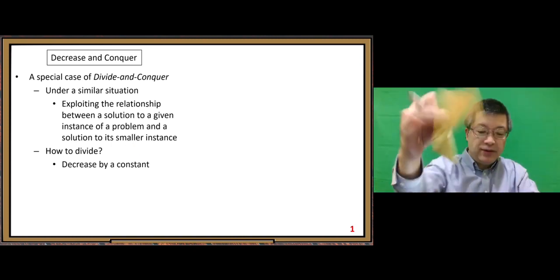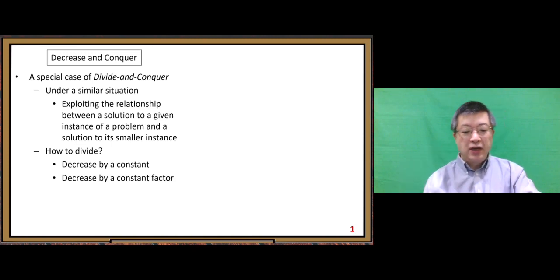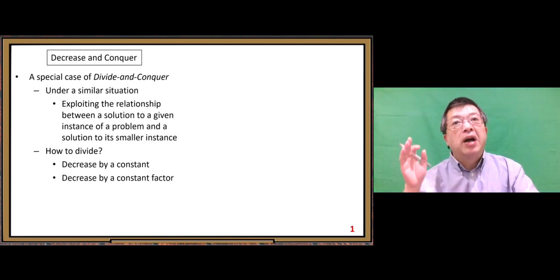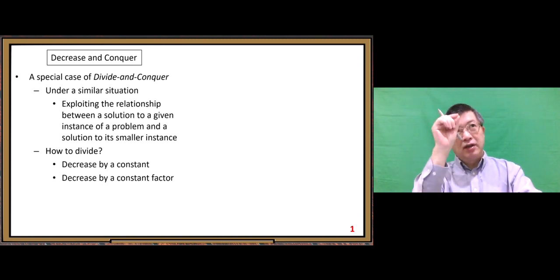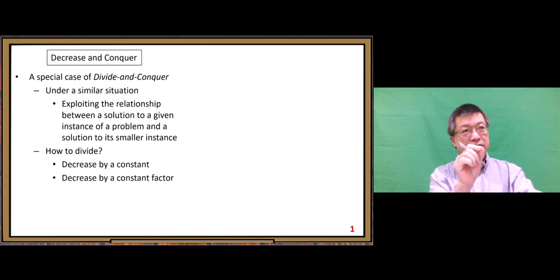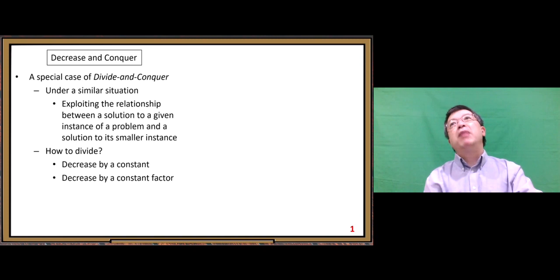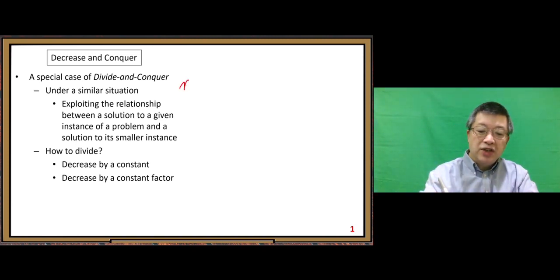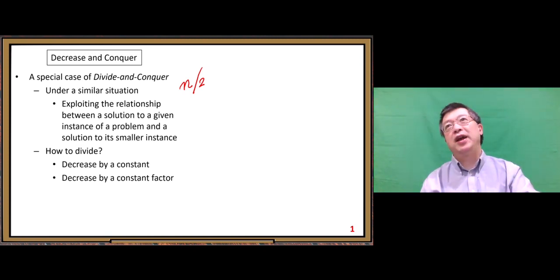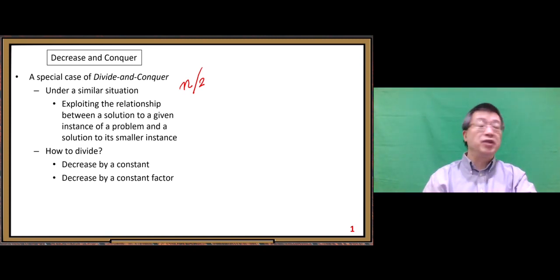But there is another special case, the decrease by a constant factor. This time it is not a subtraction situation, it is division, divided by a constant number. Suppose your problem size is n, you reduce the problem size by a constant factor, 2, 3, 4, 5, things like that. That's another special class.